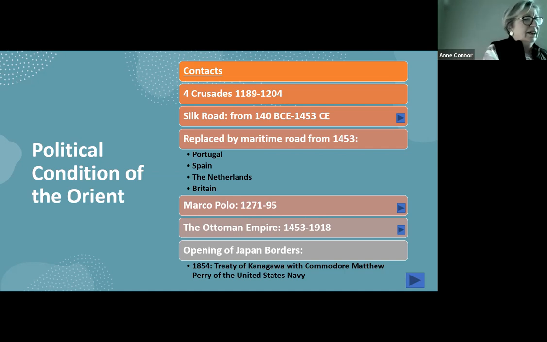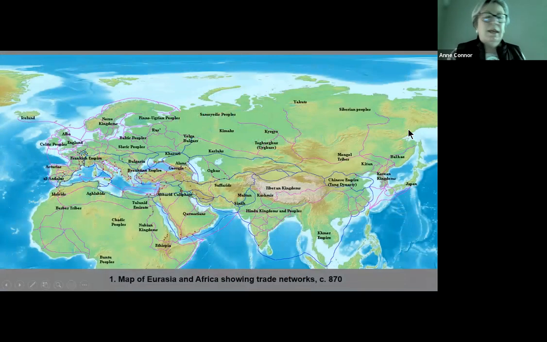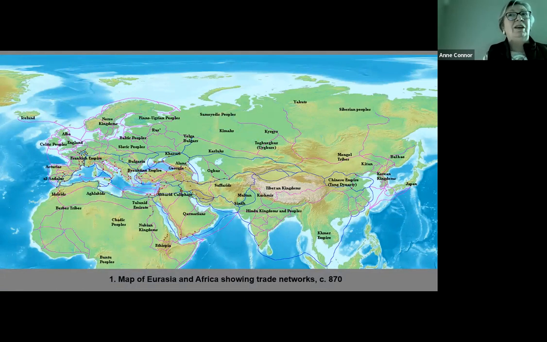And let me see if I can show you something about that. Yes, I did. This gives you an idea with that map that it was not only the Silk Road that was a trading road. All the roads that you see there in pink and in blue are the various trading routes that existed.